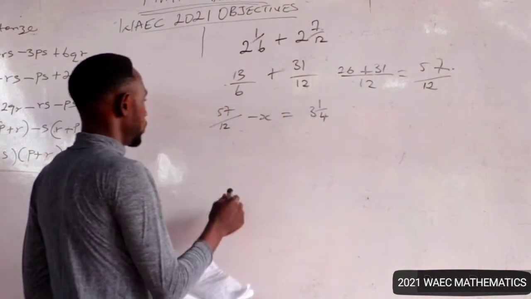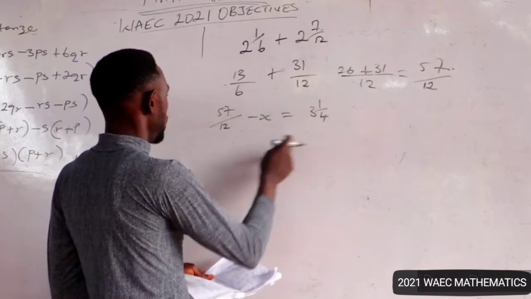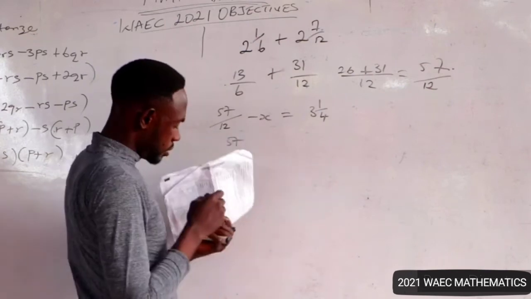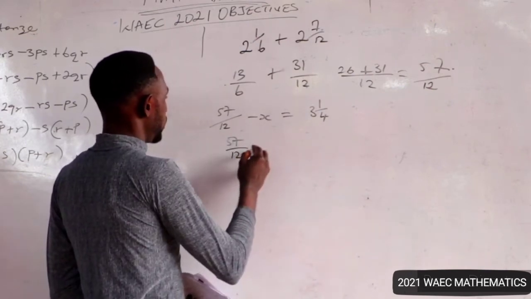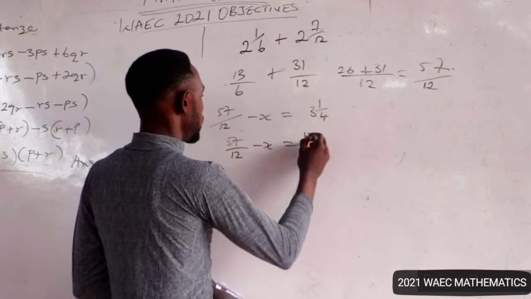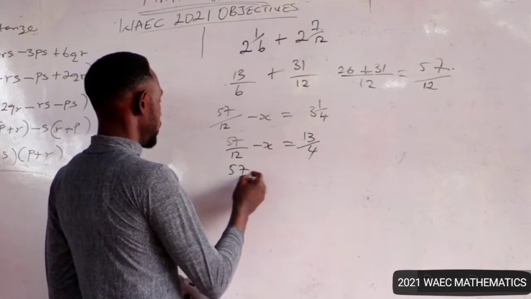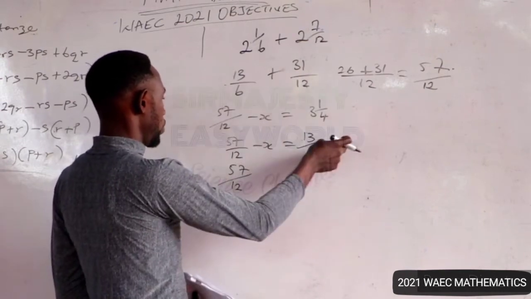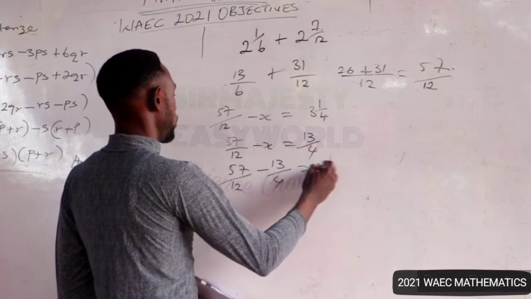We still convert it to a single fraction, not a mixed fraction: 57 over 12 minus x is equal to 4 times 3 is 12 plus 1, still 13 over 4, such that mathematically 57 over 12, this goes here, then this comes here, plus 13 over 4 equal to x.